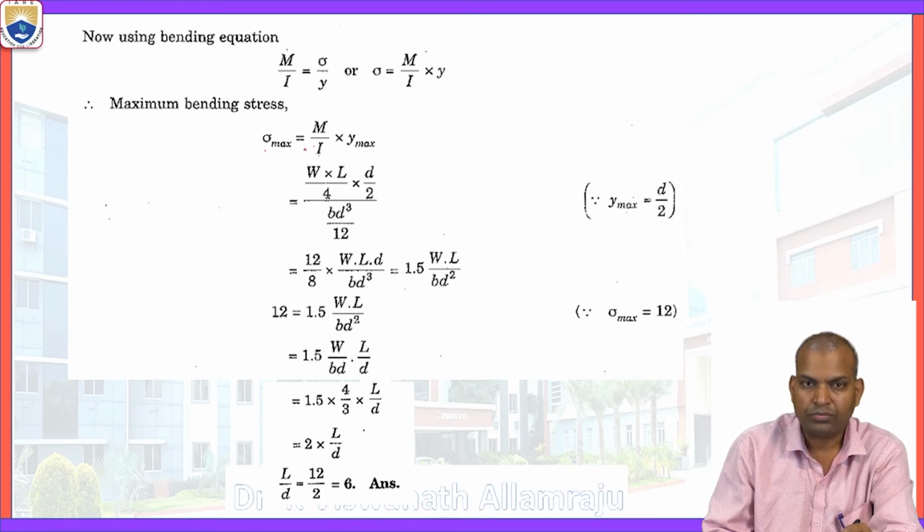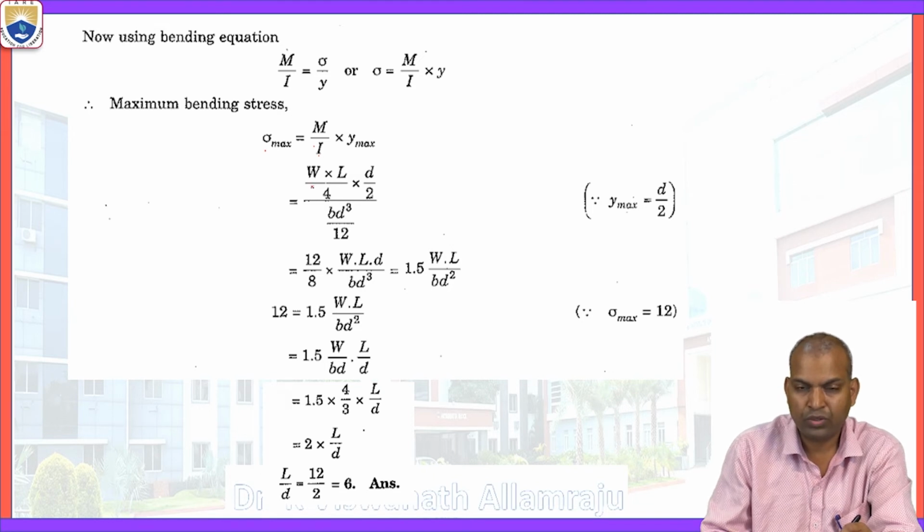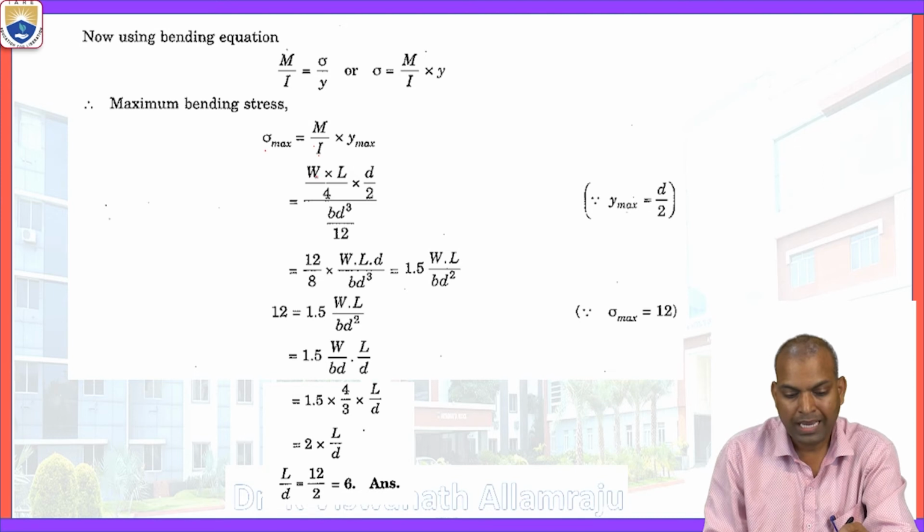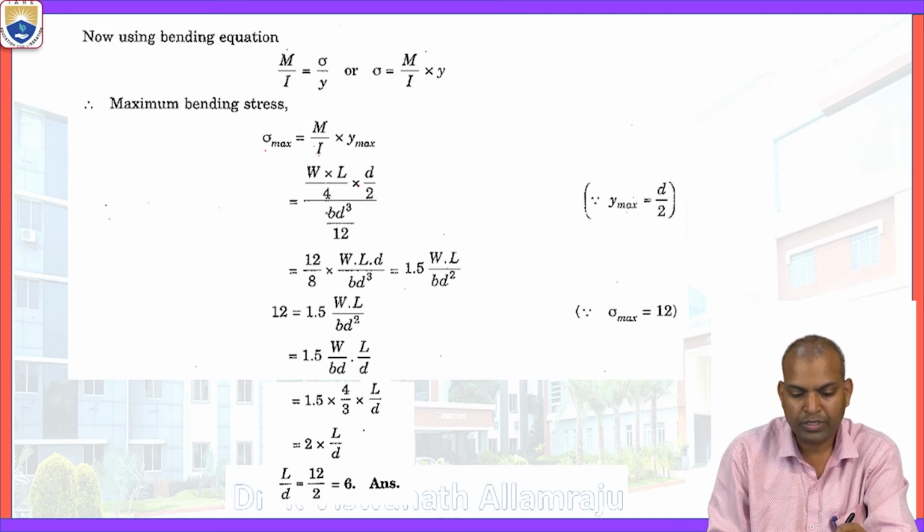What is the M value? Substitute here: WL by 4, in terms of load and span of the beam. Y maximum equals D by 2, and the I value is BD cubed by 12.